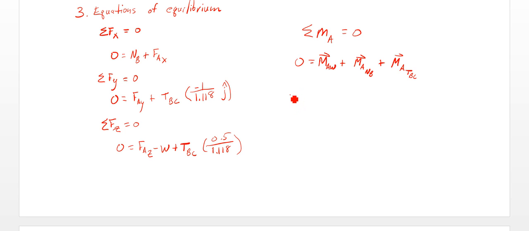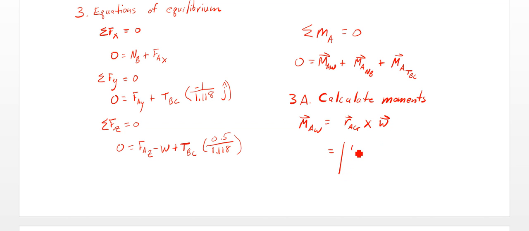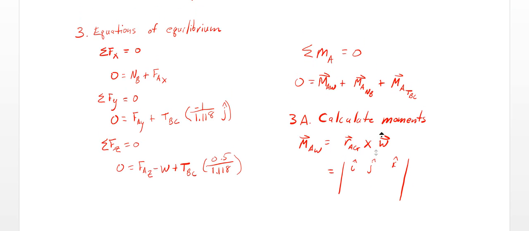I'm going to call this step 3A, calculating the moments. So MAW equals RAG crossed with W. So that equals the determinant with I, J, K. What was AG?